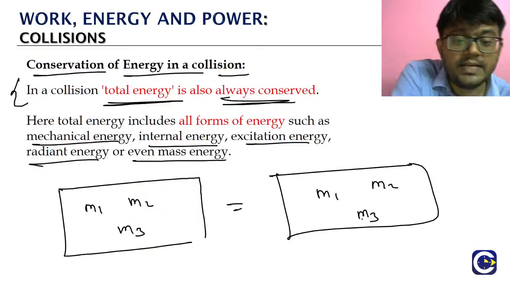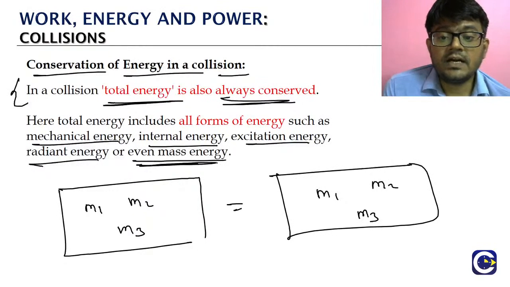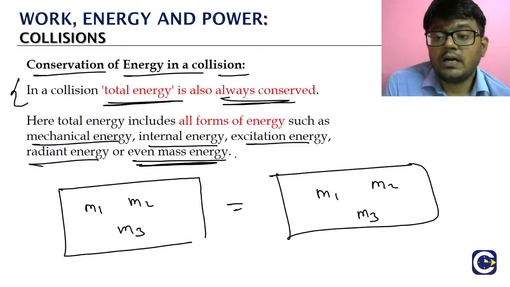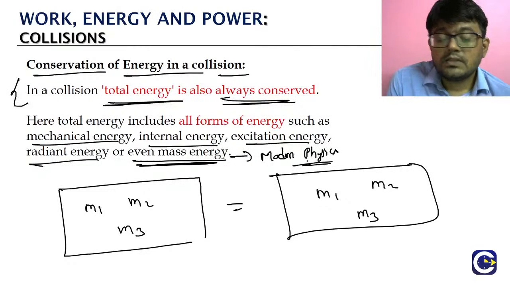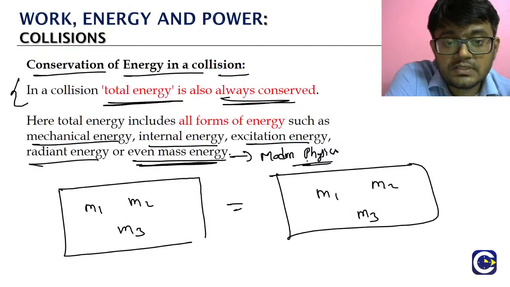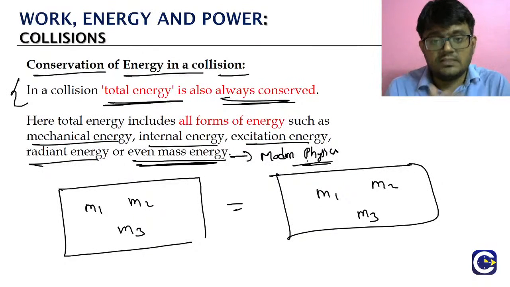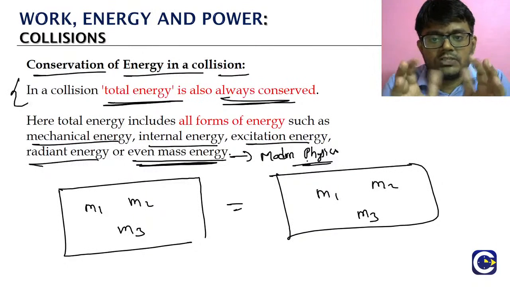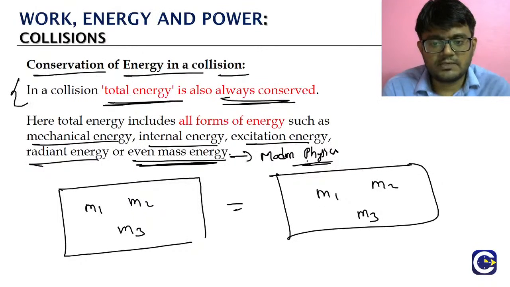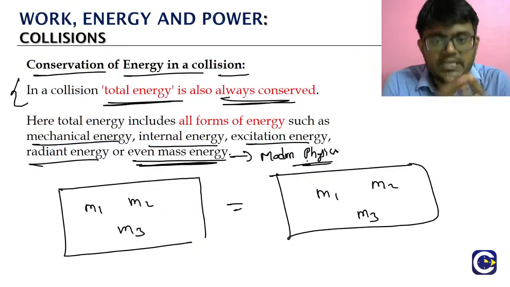Here, even in +2, when we go to the modern physics chapter, we'll talk about the collision between nuclei. What is nuclear fission? One large nucleus breaks down into smaller ones. We have nuclear fusion.